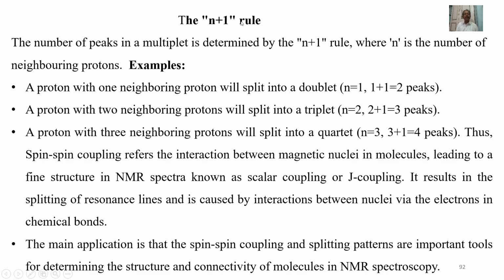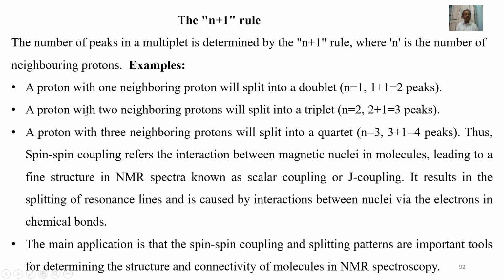The n+1 rule. The number of peaks in the multiplet is determined by the n+1 rule, where n is the number of neighboring protons. Examples: a proton with one neighboring proton will split into a doublet. Here n equals 1, so using the n+1 rule, 1 + 1 gives us 2 peaks.